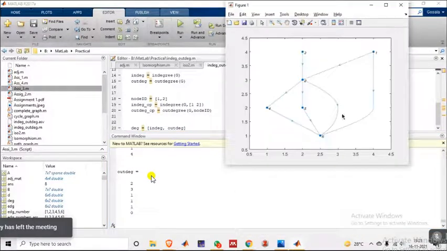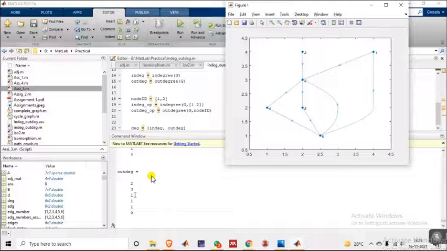So when you check it, you can observe the points which are going away from the vertex. From the vertex 1, 2 points are going, hence the out degree is 2. Similarly, for the vertex 2, 3 are going out from the point, so the out degree is 3.